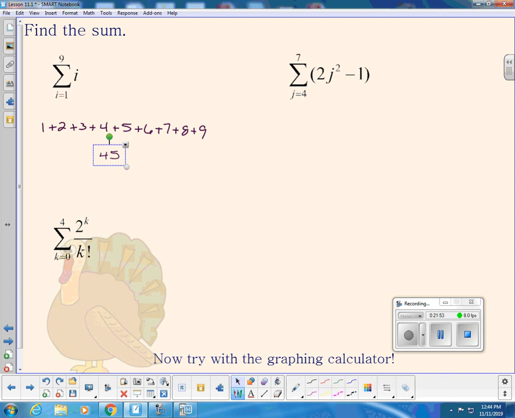The second one, what number am I starting with? 4. So it's going to be 2 times 4 squared minus 1 plus 2 times 5 squared minus 1 plus 2 times 6 squared minus 1 plus 2 times 7 squared minus 1. So you're just going to plug in the numbers 4 through 7.